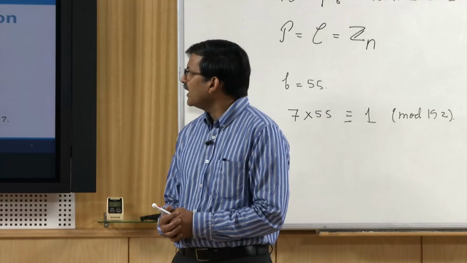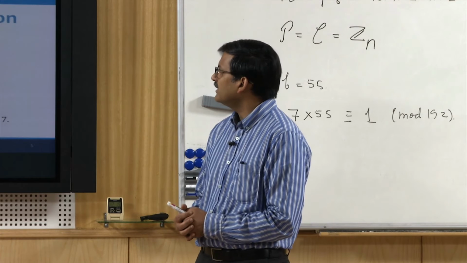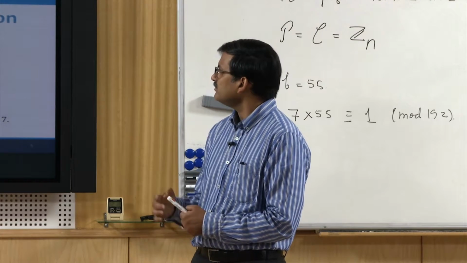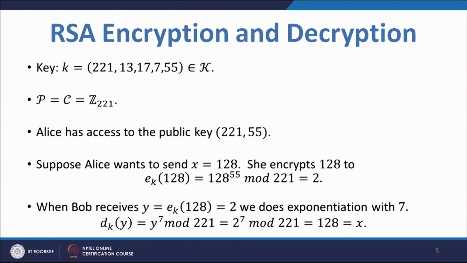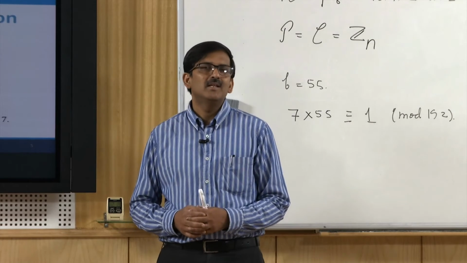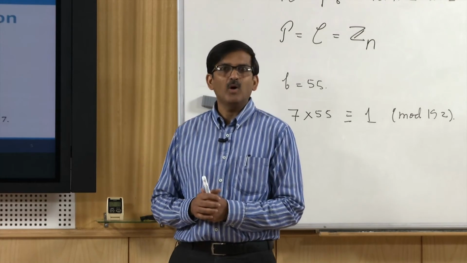If, on the other hand, we take the encrypted value and raise it to the power a, then reduce modulo 221, it is trivial to check that we are going to get 128, because 2 raised to the power 7 is 128. So at least for one instance we see that the encryption and decryption works.